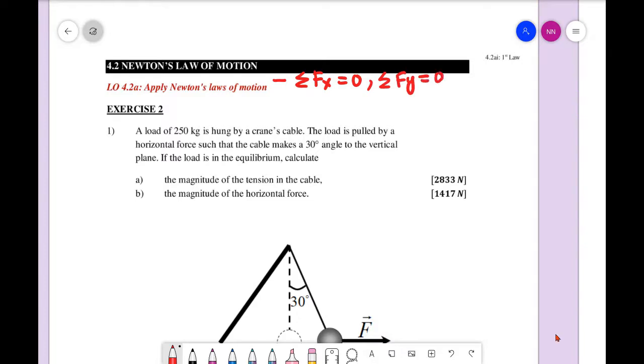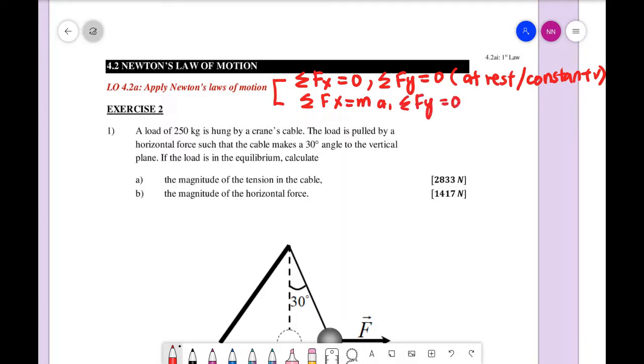Okay, keadaan ni berlaku bila objek at rest ataupun objek moving tapi dia moving dengan constant velocity.